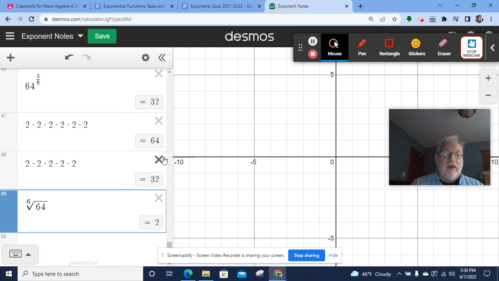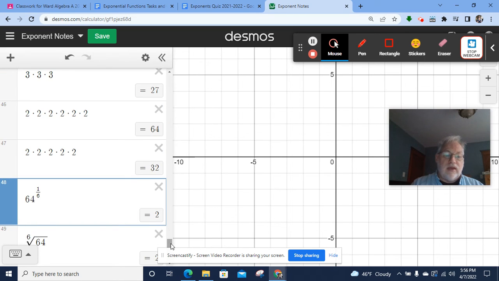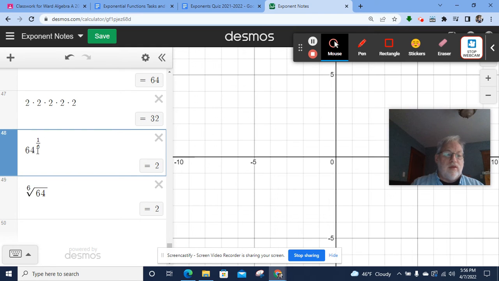This is the same as saying 64 to the 1/6 power. It's 2. So I'll drag that down so we're all together. 64 to the 1/6 power and the sixth root of 64 are saying the same thing. This is another way of saying I'm taking 64 and breaking it up into 6 equal factors.